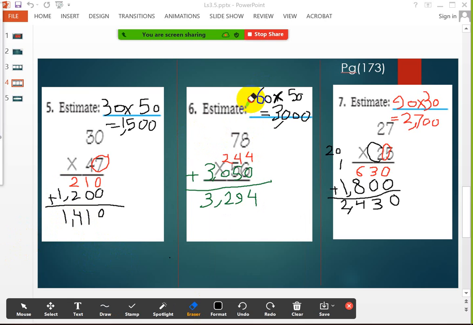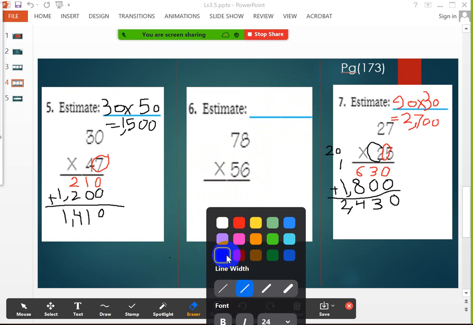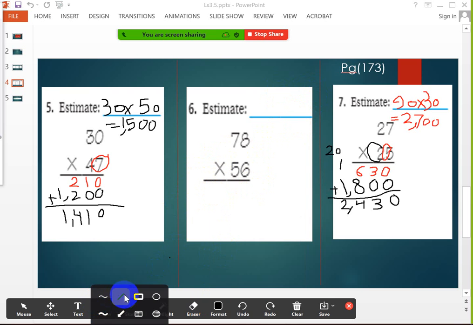Now we will continue to number 6. If you estimate the answer, also right here, if you round this number to the nearest 10, it will be 80 because I have 8 before the 7.